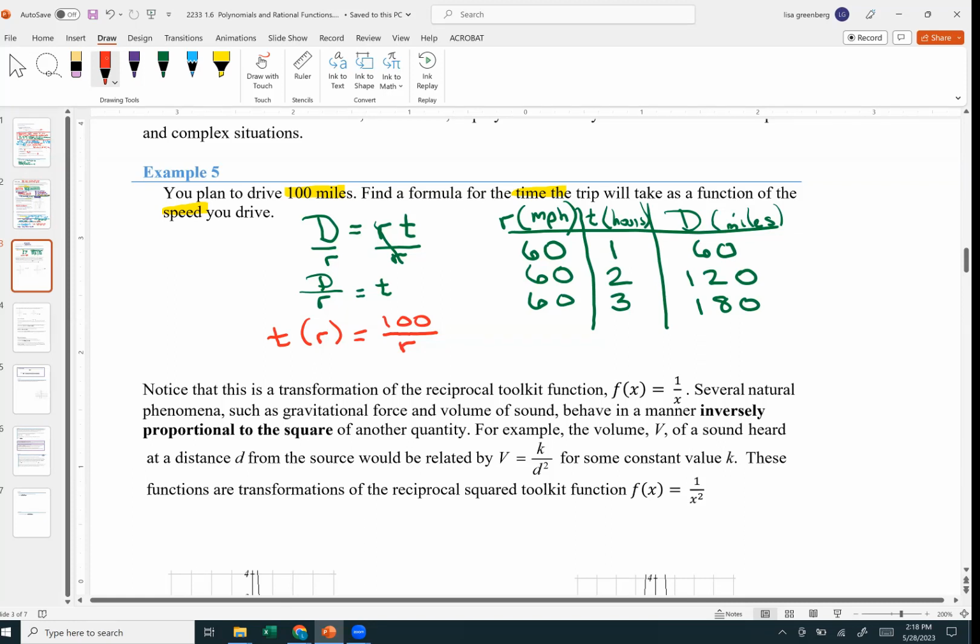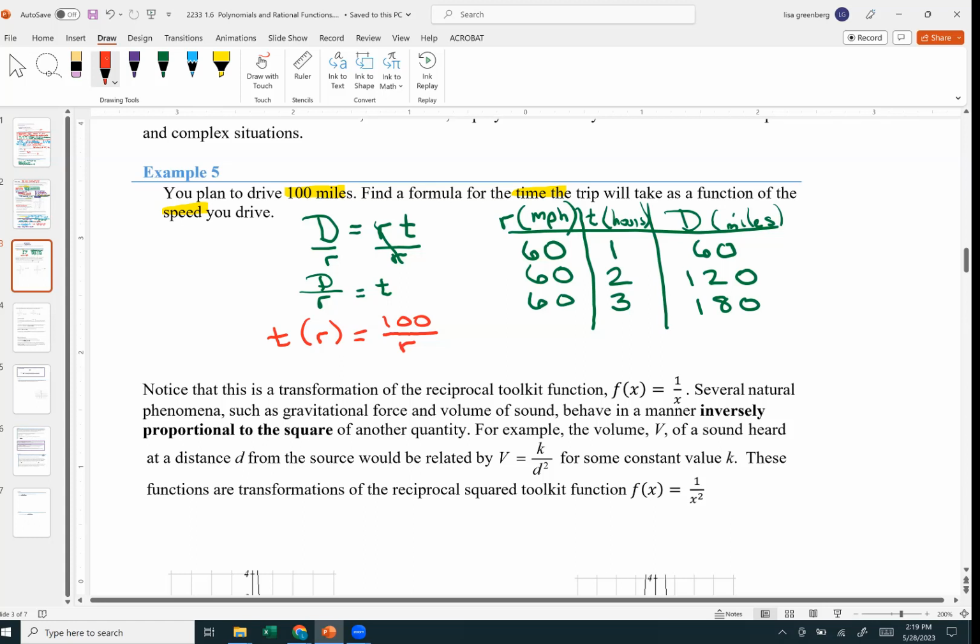For example, the volume of a sound heard at a distance d from the source will be related by v equals some constant over d squared. These functions are transformations of the reciprocal squared toolbar function f of x equals 1 over x squared.